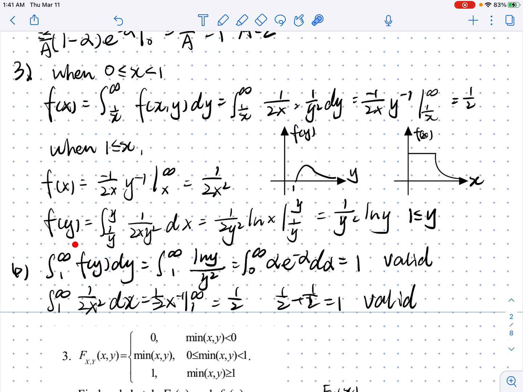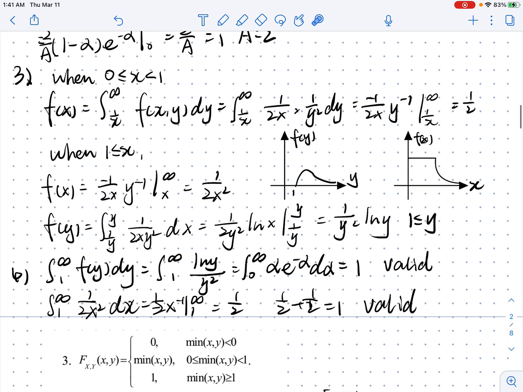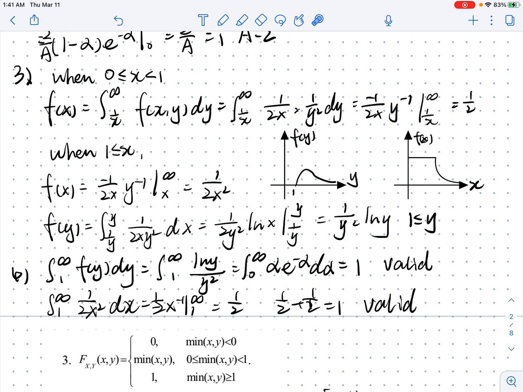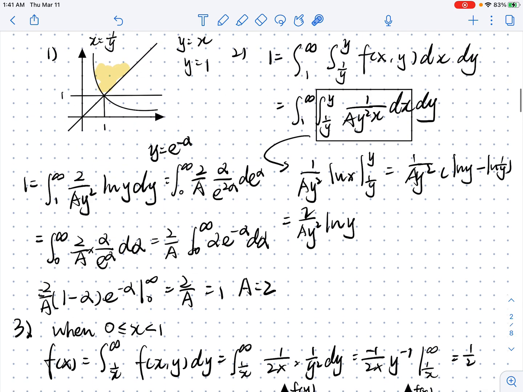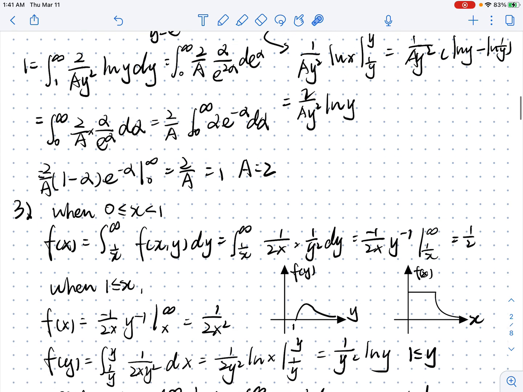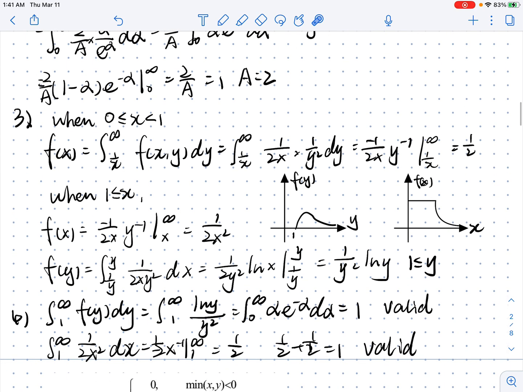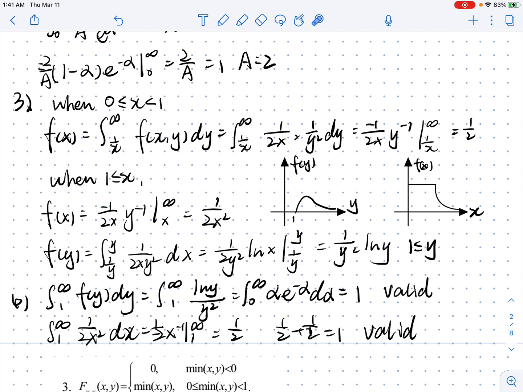Then when we solve for the density function for y, we can easily use the range from 1 over y to y, and do the integration, because this form is just like problem 2. We can see 1 over 2y squared as a constant, and we just need to consider the integration of 1 over x.